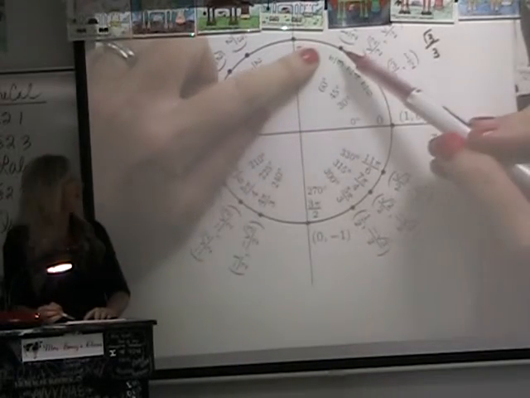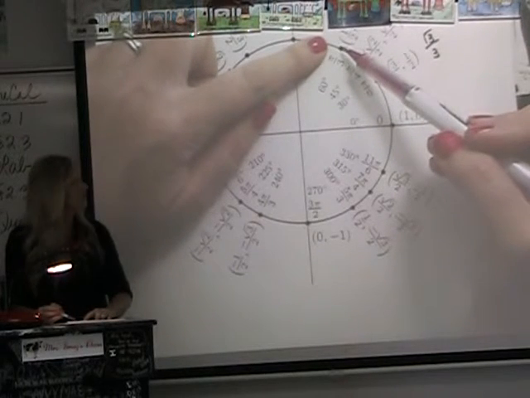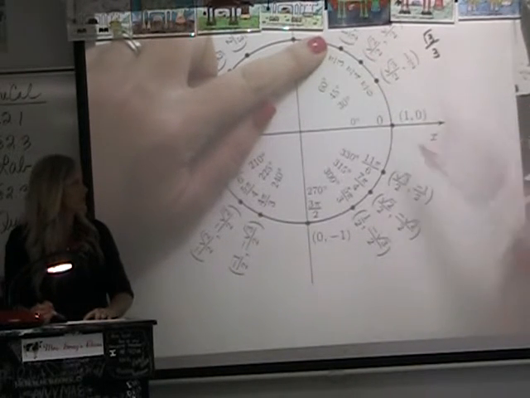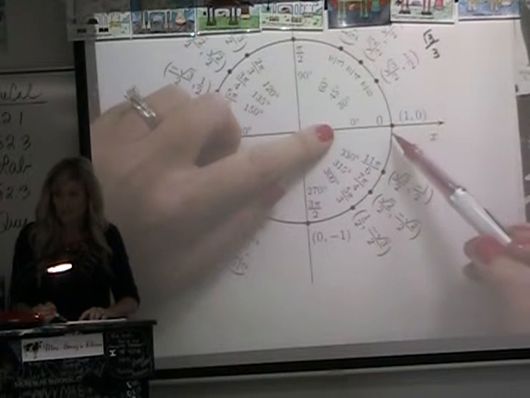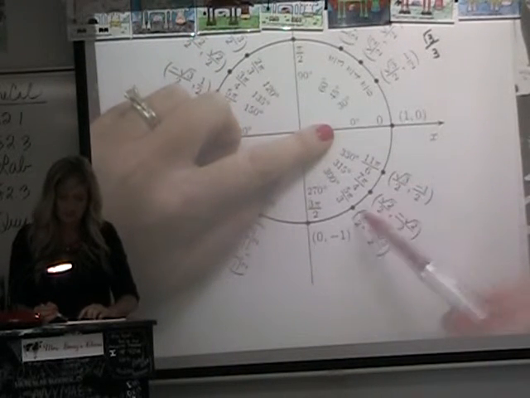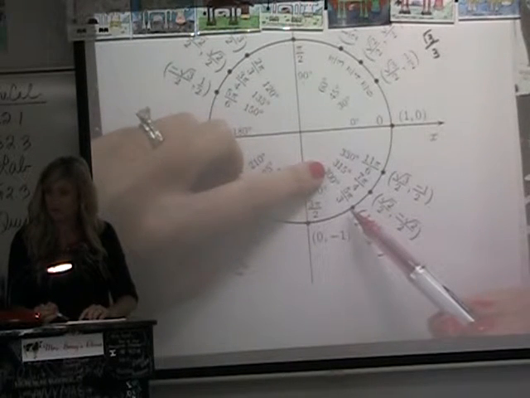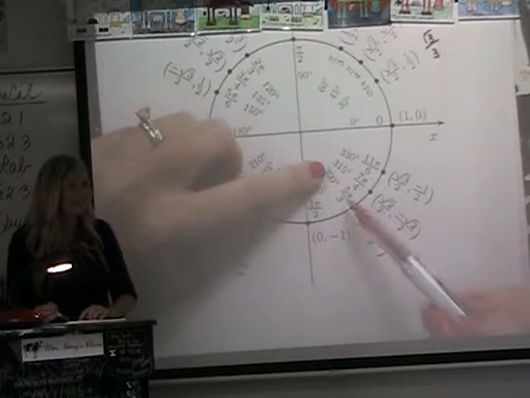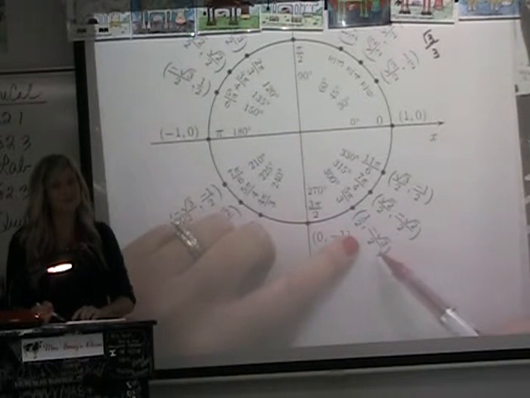So positive pi over 3 is up here at 60 degrees, which means negative pi over 3 is 60 degrees in the clockwise direction. So it's down here at 5 pi over 3 or 300 degrees. So my ordered pair is 1/2, negative square root of 3 over 2.